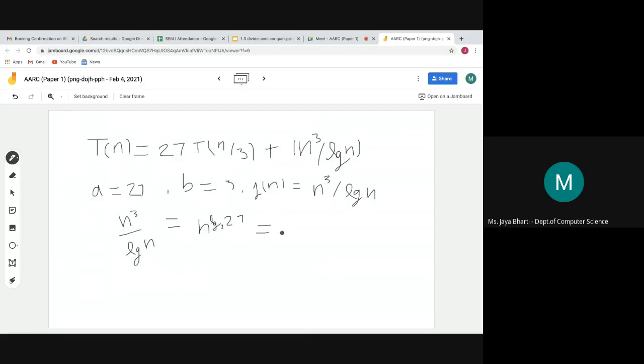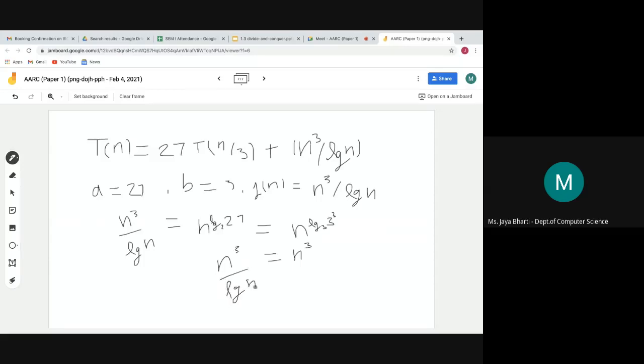When you solve this, it is log of 3 cube base 3. Log 3 base 3 will be 1 and the 3 will come out, so it will be n cube only. And here it is n cube divided by log n.